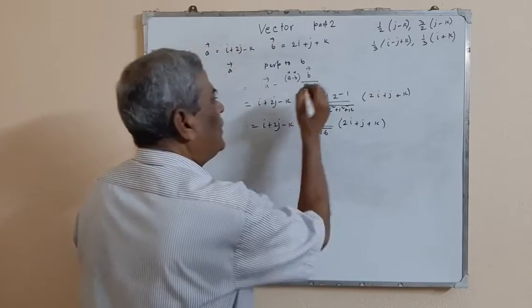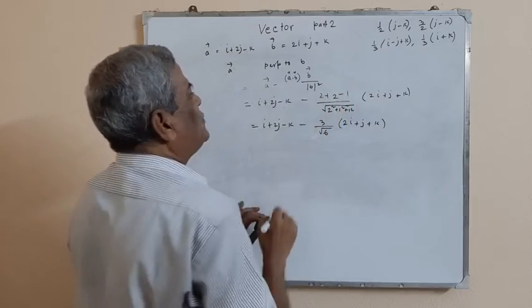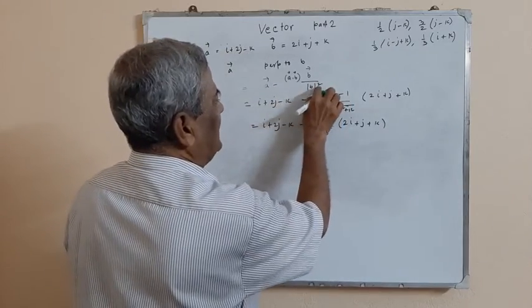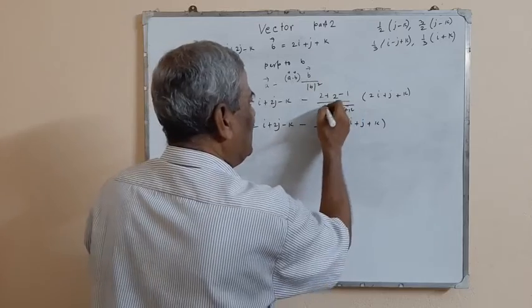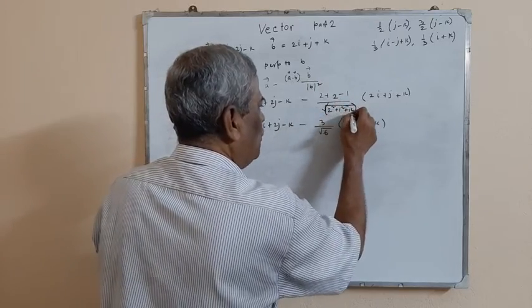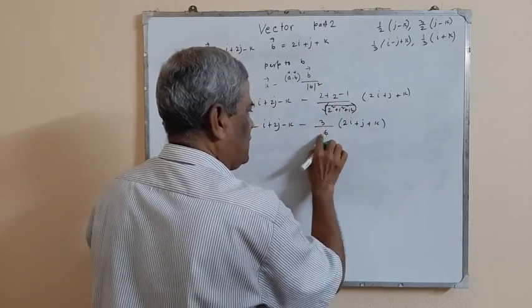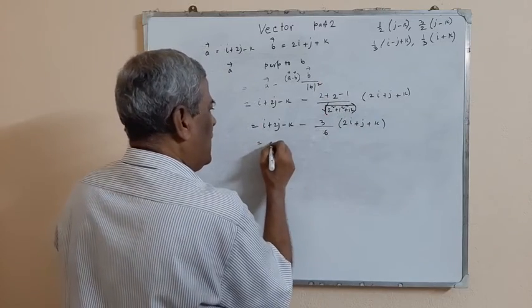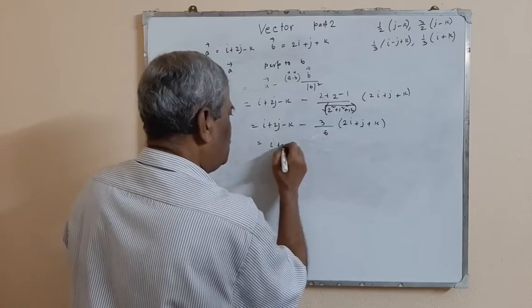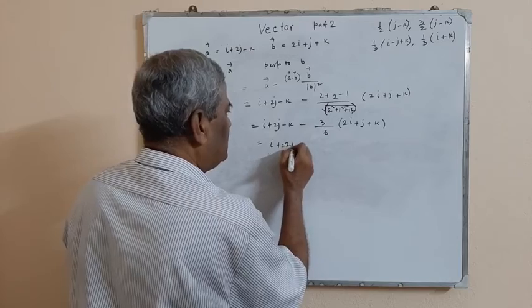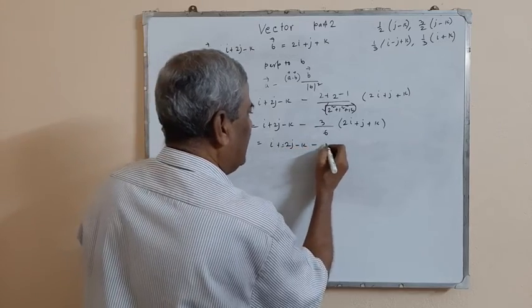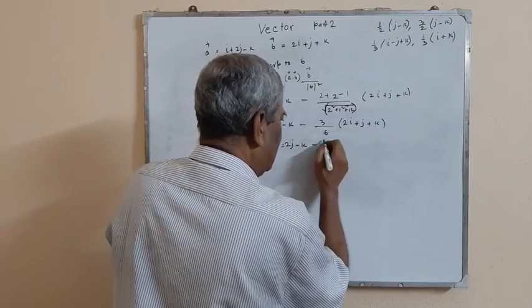Oh sorry, this is this one whole square, so it is not root over. So this 6 is equal to i plus 2j minus k minus half of that.